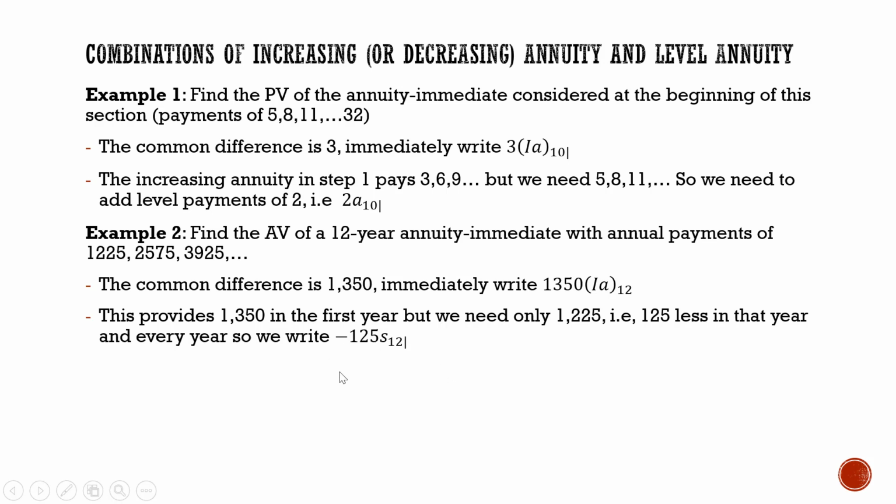So we write out the second term, minus 125 S-12. We add the two together and have the accumulated value. In the first example we were finding the present value, so we use A. But for the second example we use S because this is the accumulated value.